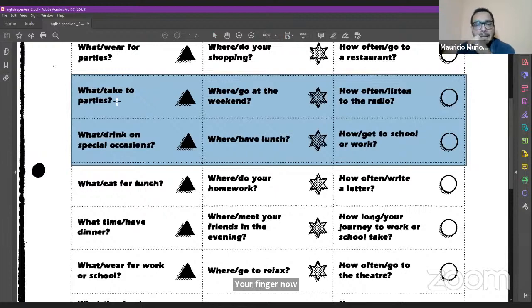No. La que les acabo de bloquear, por favor. Vamos, del inicio. Allá, okay. What do you wear to Paris? Ok, ahí está el verbo take. What do you take to parties? Repita, por favor.